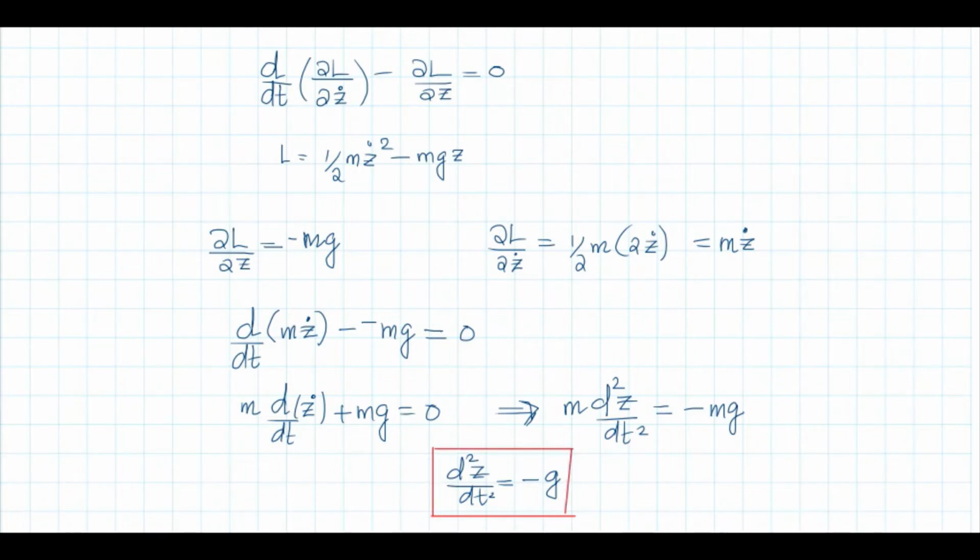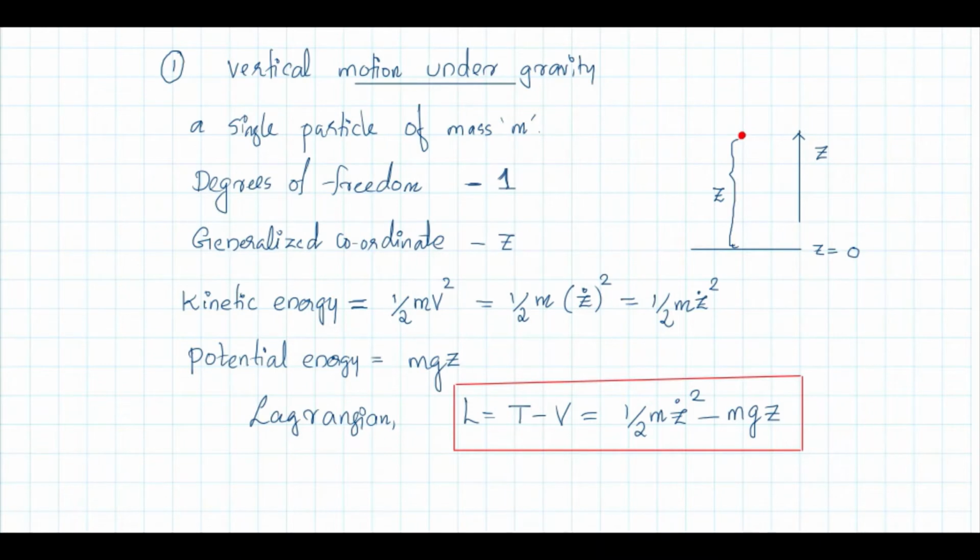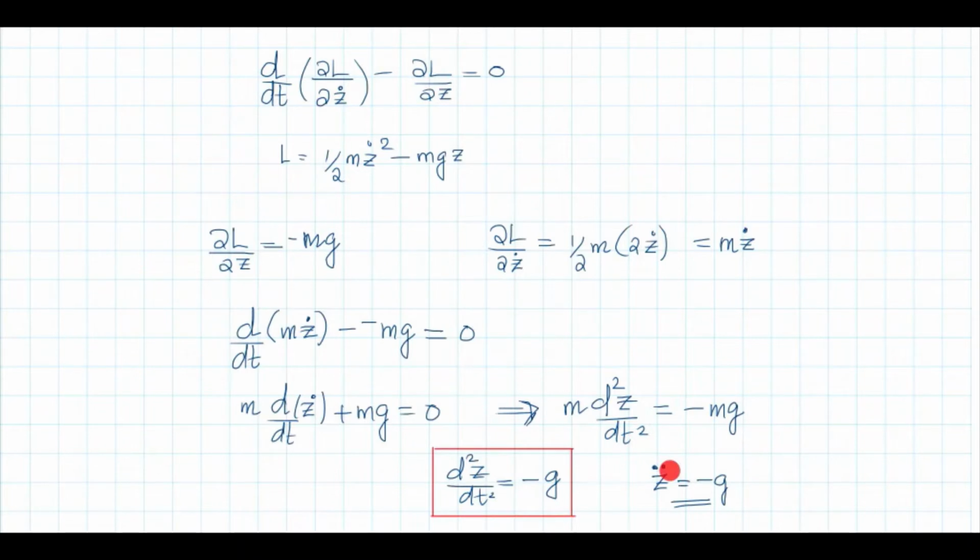What is the meaning of this equation? What is z double dot, or d square z by dt square? We will denote it as z double dot. That is equal to minus g, which implies that for a particle in vertical motion under gravity, z double dot is nothing but the acceleration. The acceleration of the particle will be downward.